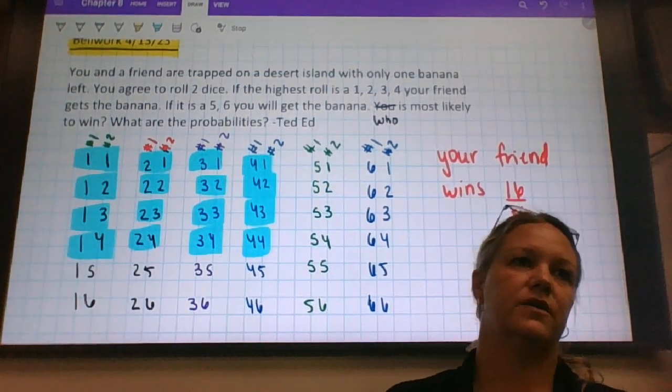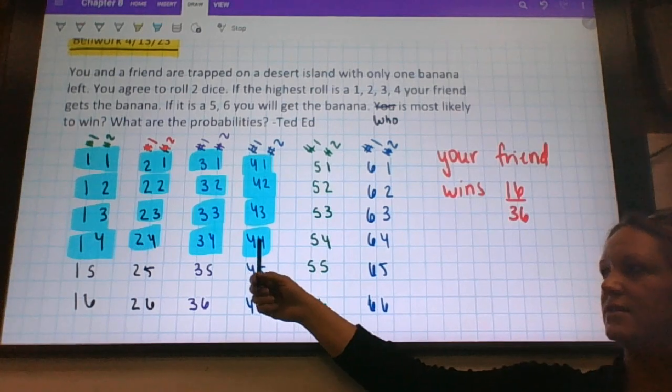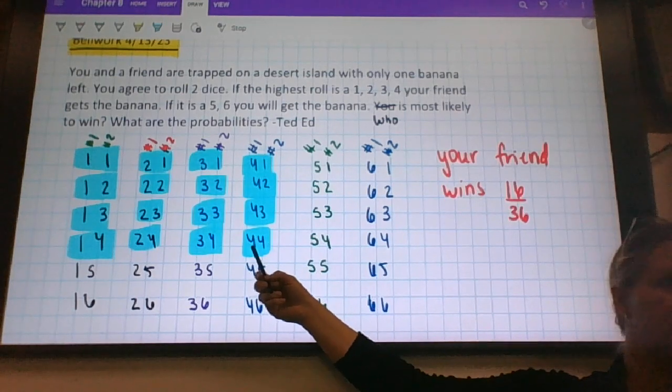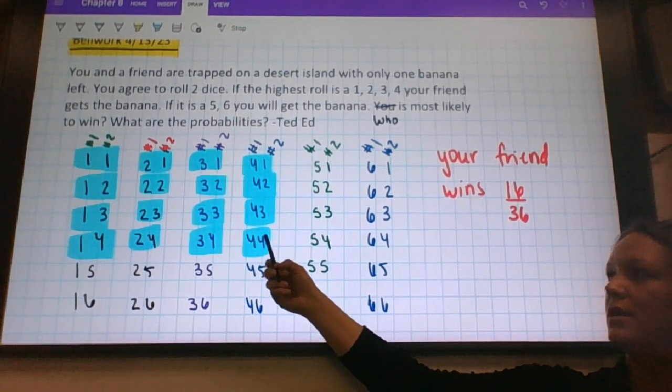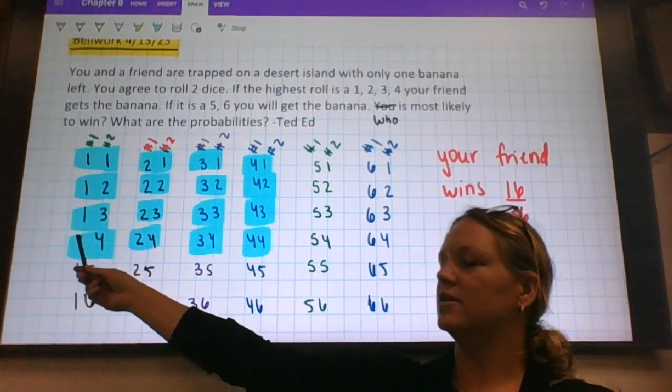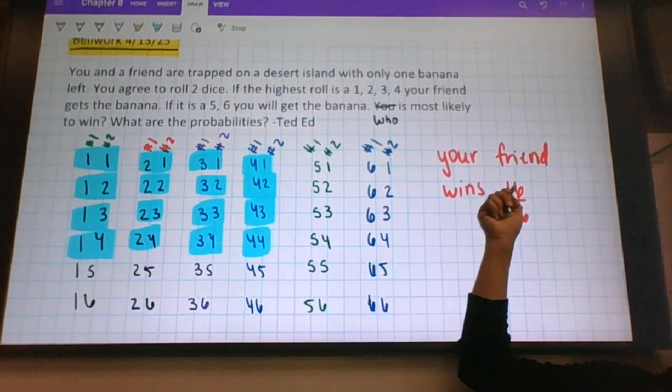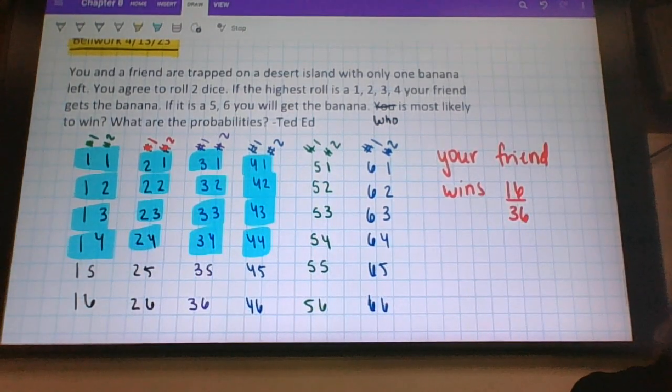All right, it looks like your friend is going to win all of these because the highest roll is a 4 or lower. Your friend wins all of these, 16 out of 36. So you win.